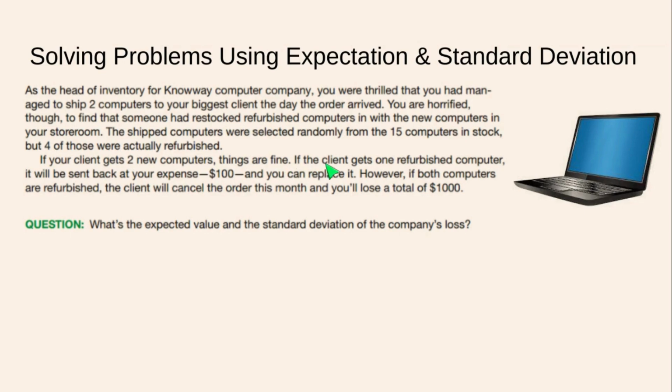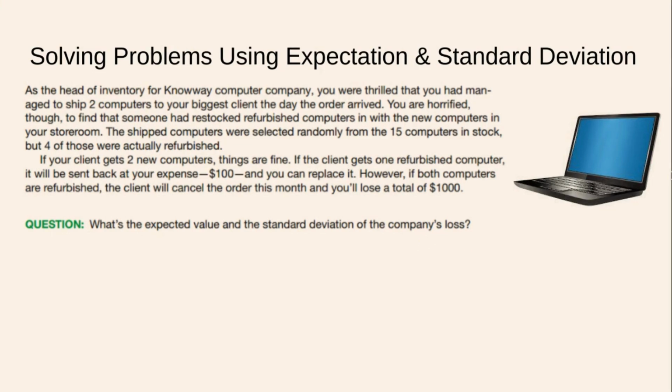If the client gets 1 refurbished computer, it will be sent back at your expense, $100, and you can replace it. However, if both computers are refurbished, the client will cancel the order this month and you'll lose a total of $1,000 for this rookie mistake someone else made. So, what is the expected value and standard deviation of the company's loss?